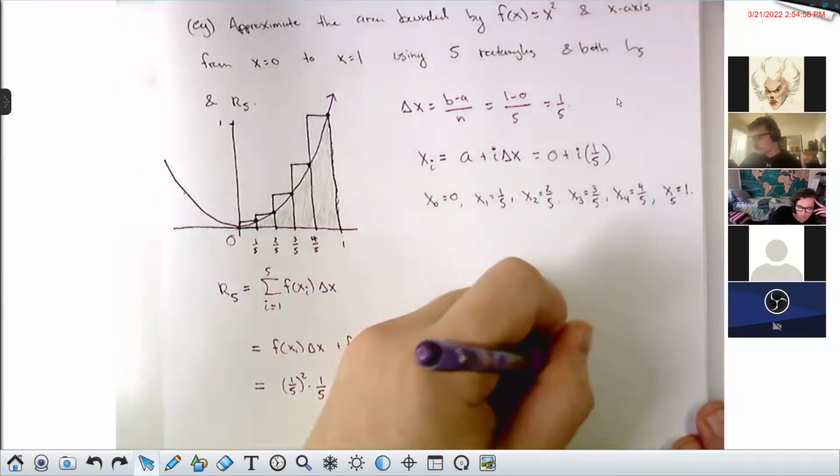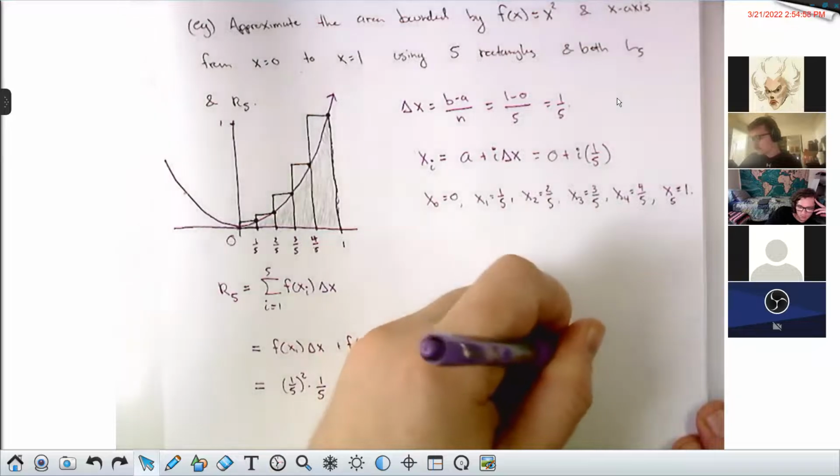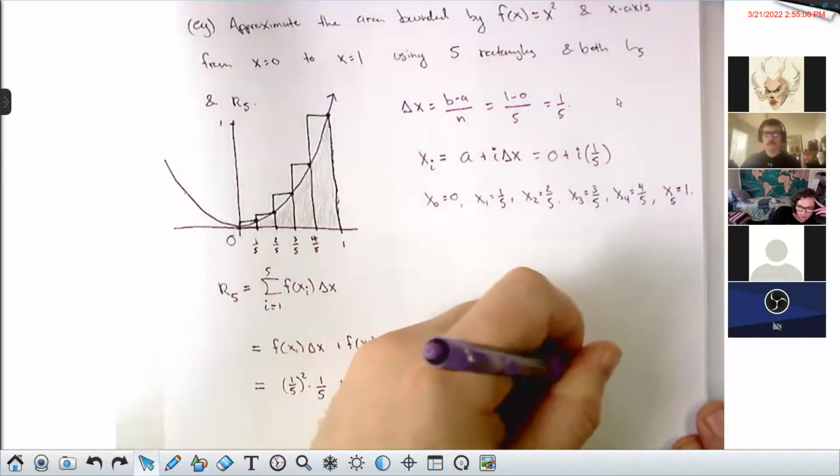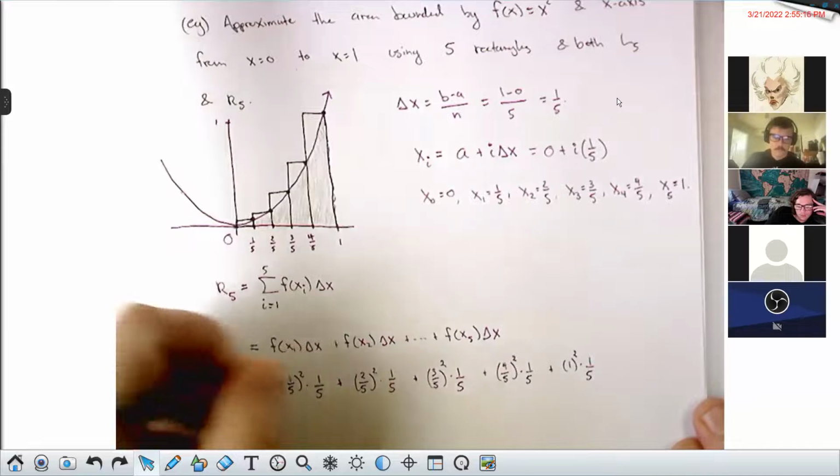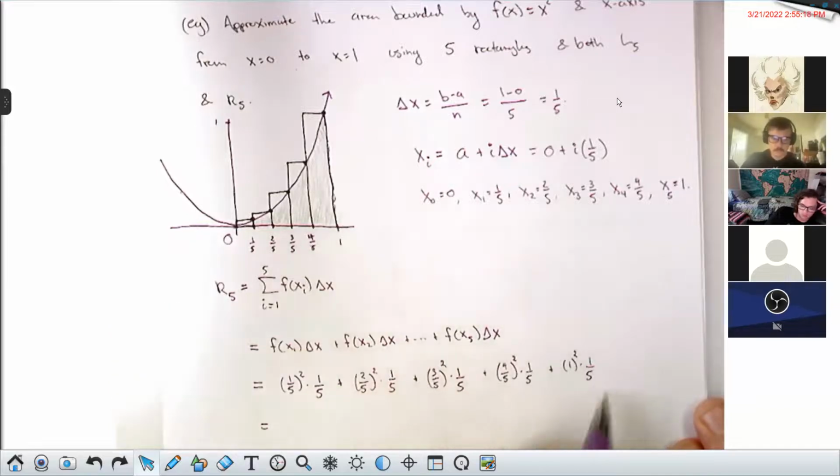And then f of x5 is 1 squared, so 1 squared times 1/5. A neat fact, of course, you can factor out the 1/5, right? 1/5, 1/5, 1/5, 1/5, 1/5.